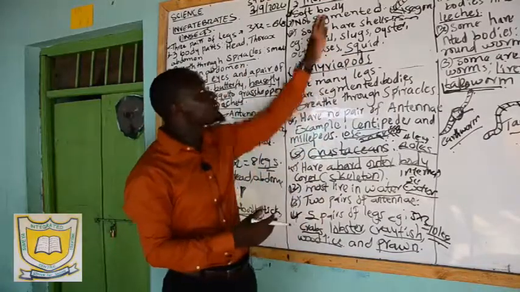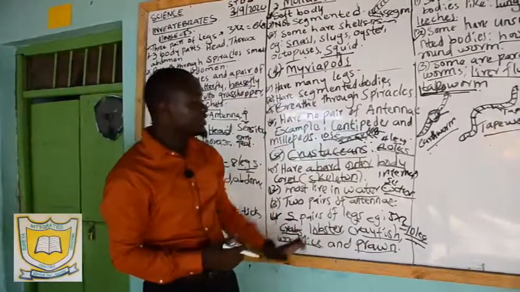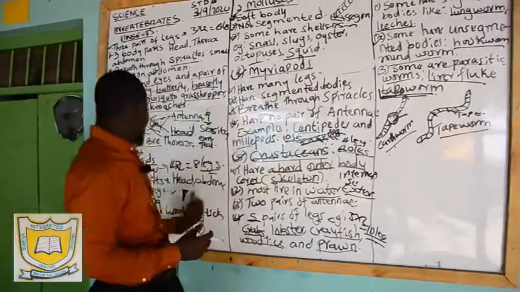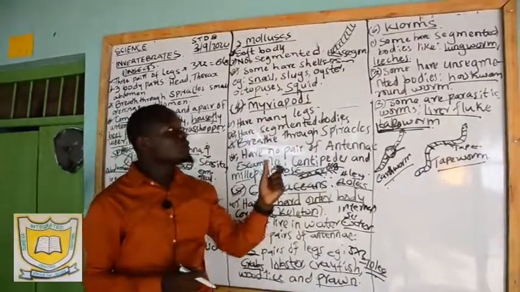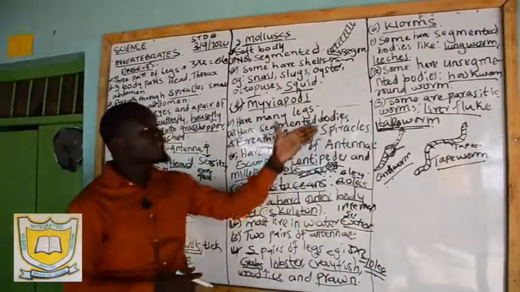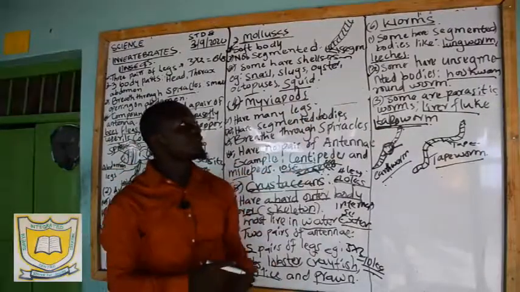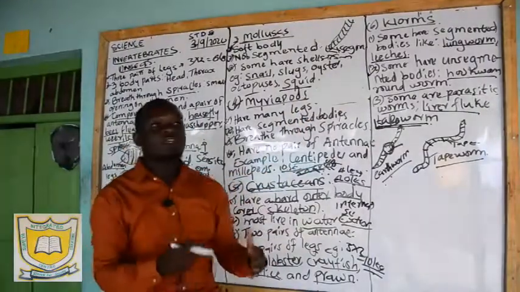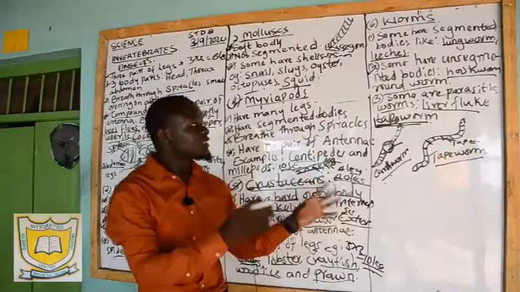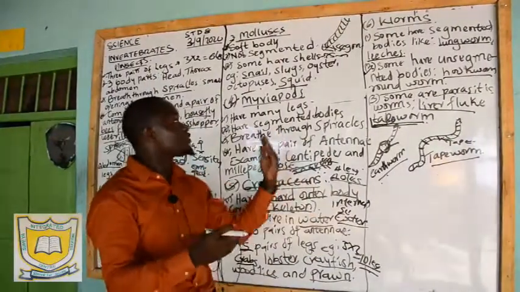What differentiates molluscs and crustacea? What differentiates worms and the arachnids? That will also help you when you have been given the characteristics of a certain group in an exam. You will be able to identify that this characteristic does not belong to worms, but it belongs to myriapods.